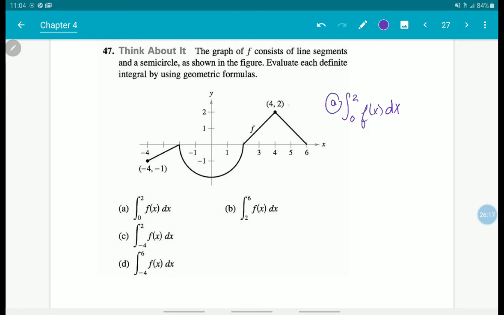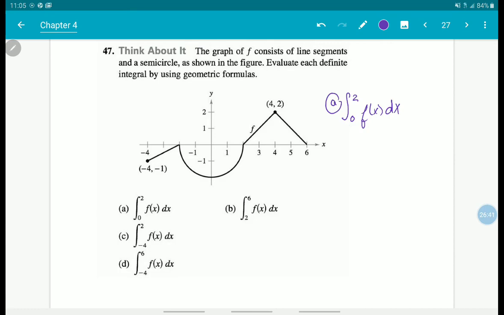This guy could be described in terms of piecewise functions, but because everything's going to give us nice geometric formulas, like we have a triangle here, we have a semicircle here, and another triangle, then we can use geometry to help us find the area under the curve. Keep in mind, if it is above the x-axis, we're going to have a positive. If it's below the x-axis, then we're going to end up with a negative number.